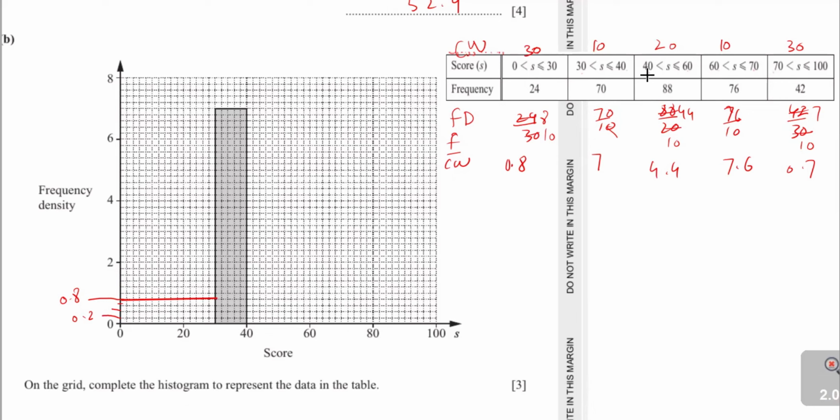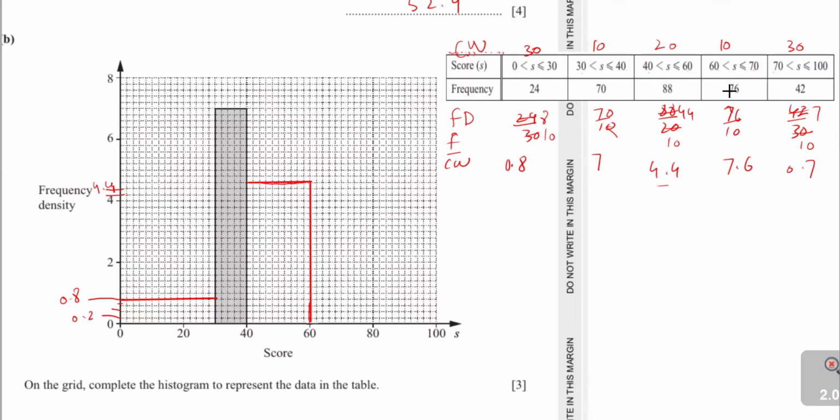Next we take 40 to 60, and the height is 4.4. This is 4.2, this is 4.4 position, and we will take the height 4.4 for 40 to 60. Therefore, we will draw the rectangular bar here.